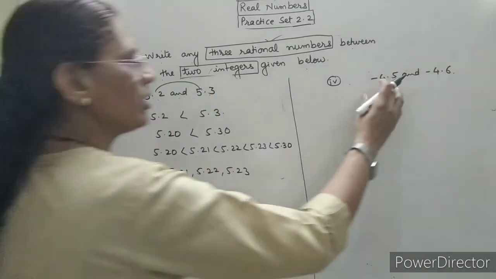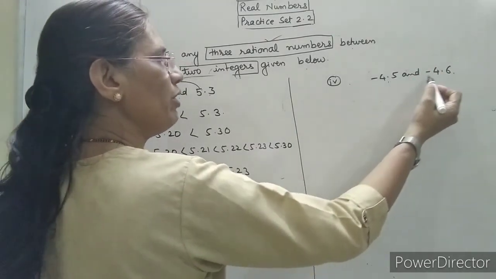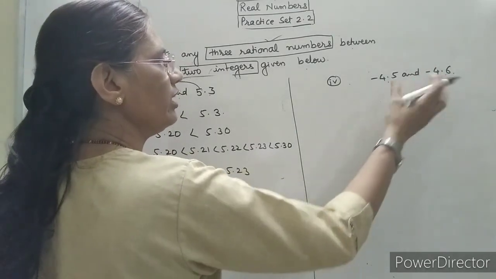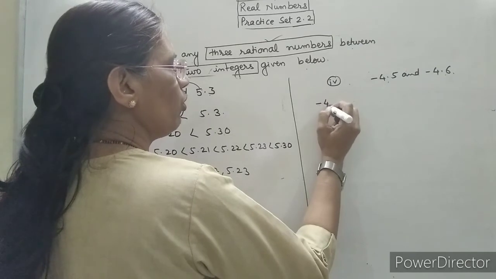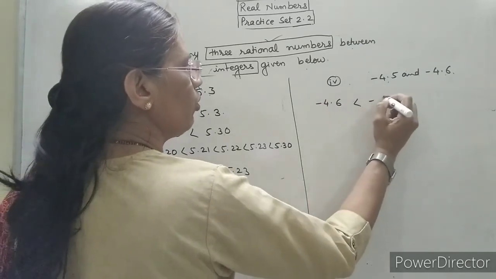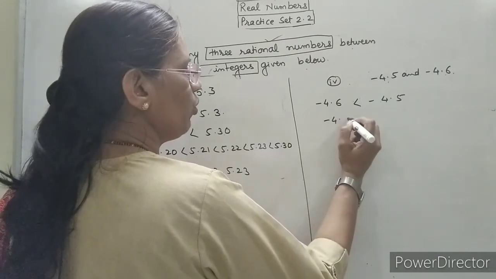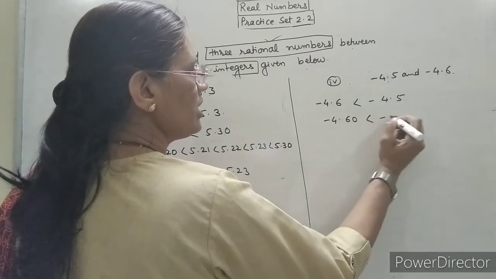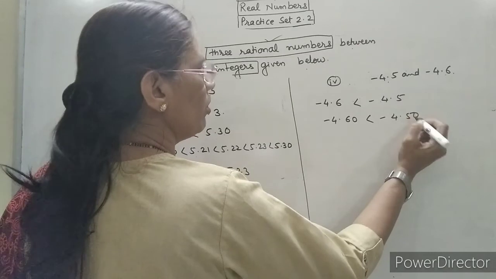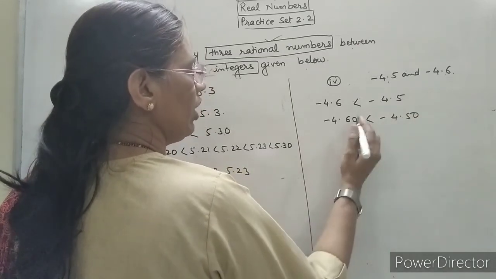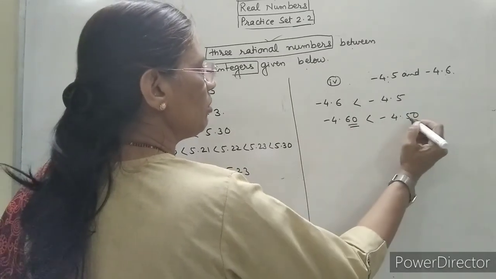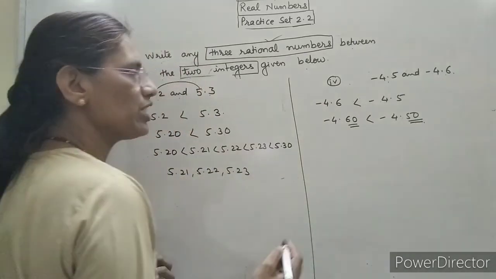Now let us take this example, negative 4.5 and negative 4.6. Again compare this. Negative 4.6 is less than negative 4.5, right? If I write this as negative 4.60, I can write this as negative 4.50. Again 2 digits are there after the decimal point.